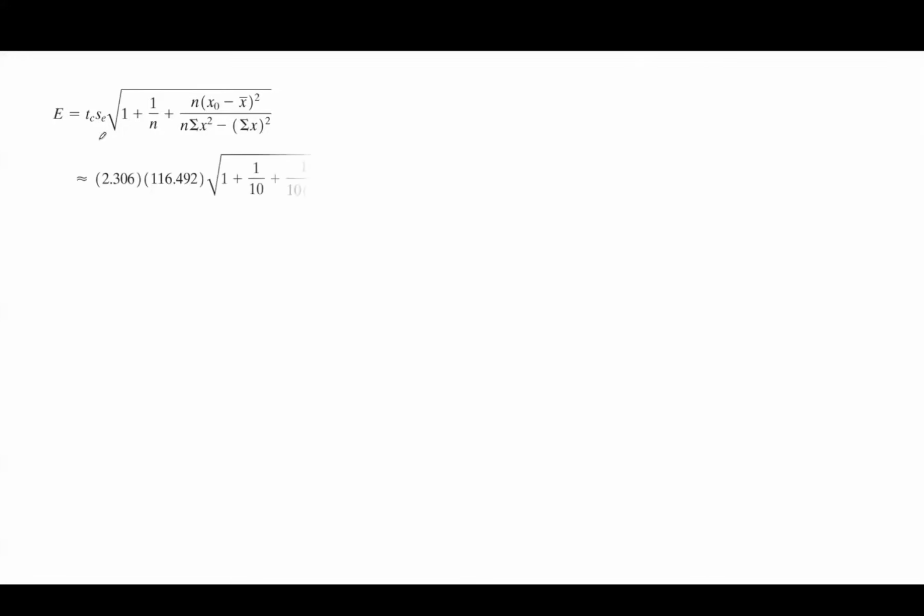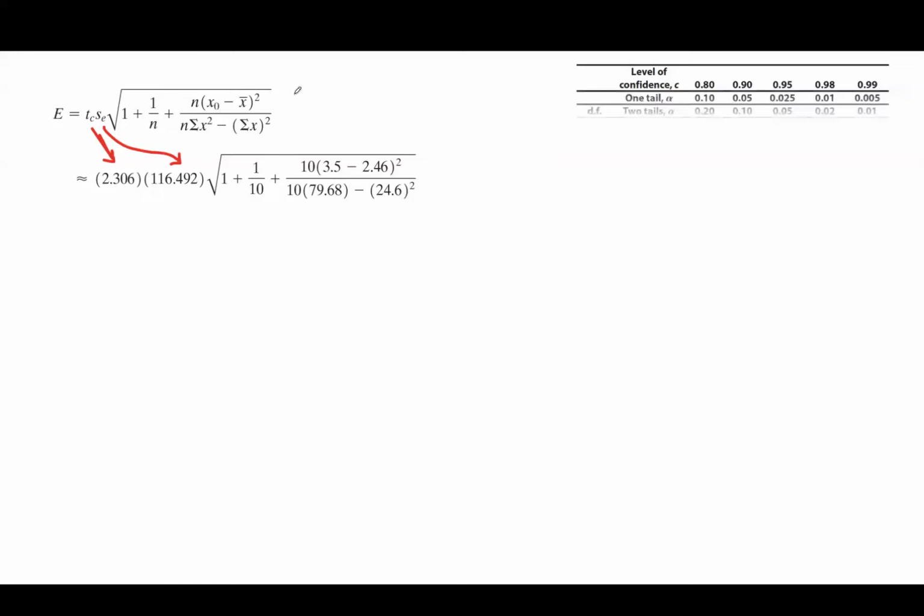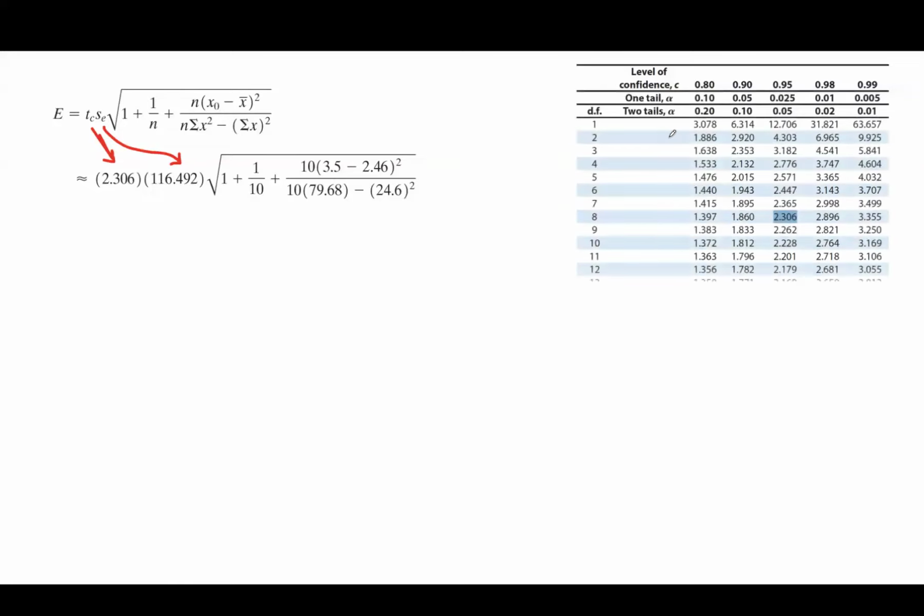So t sub c is going to be 2.306. We calculated the standard error of estimate in a previous slide, and we just fit the rest of the data into our calculations.